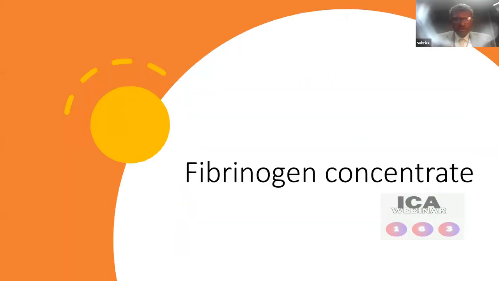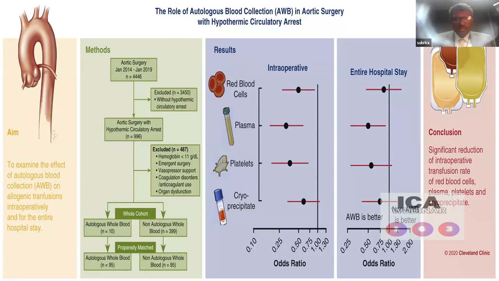What they have shown is that the transfusion rate intraoperatively or during the entire hospital stay, including red cells, plasma, platelets, and cryoprecipitate, everything is decreased if you use autologous whole blood. In this study, they collected around 800 cc on average for autologous blood.